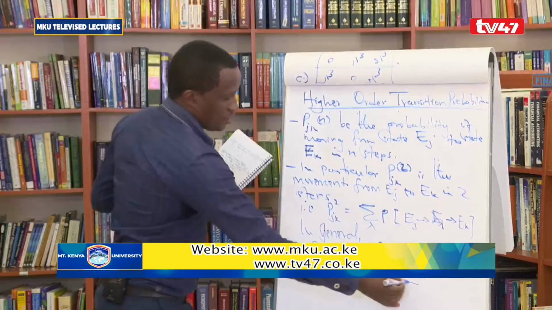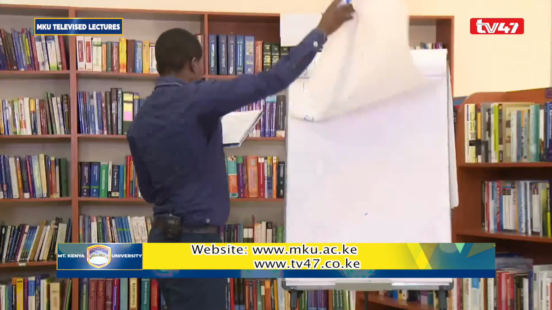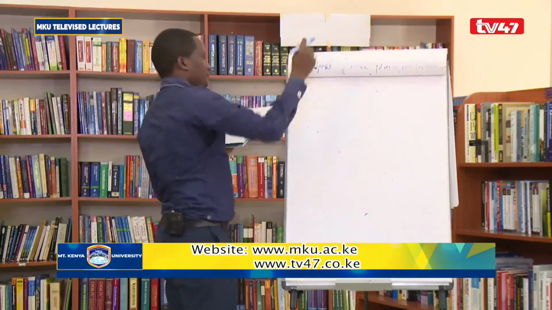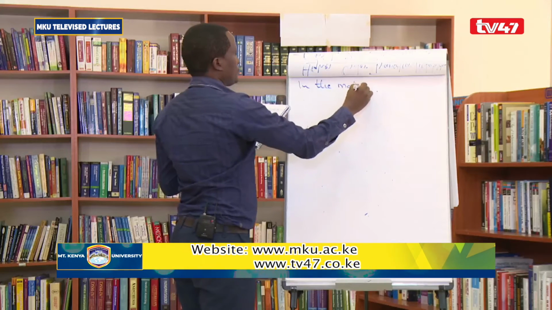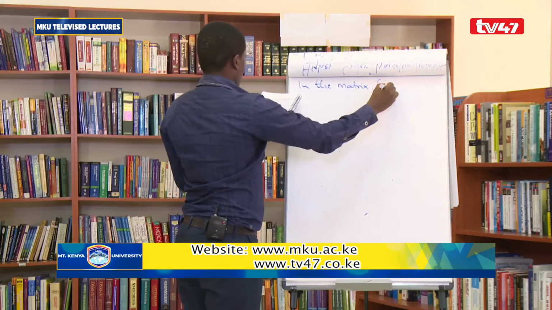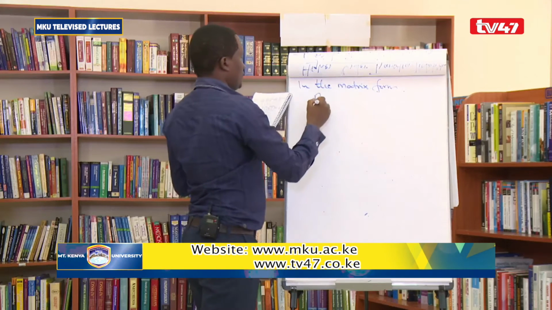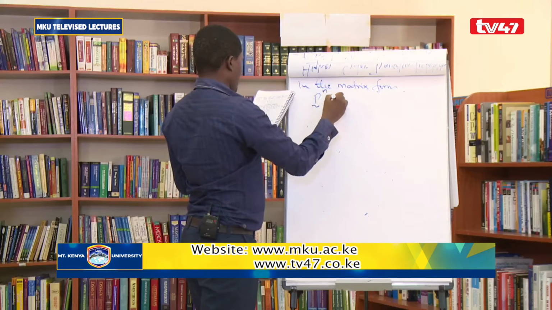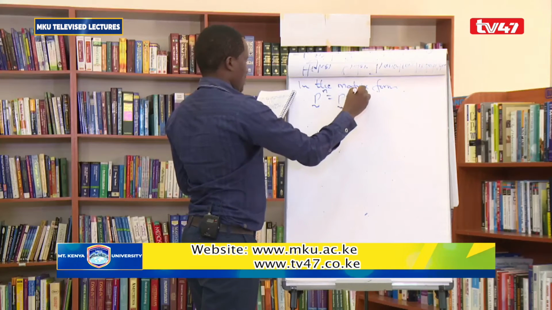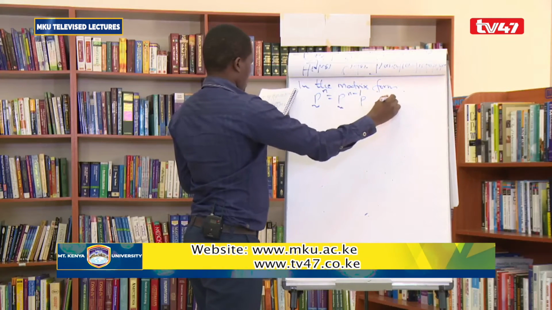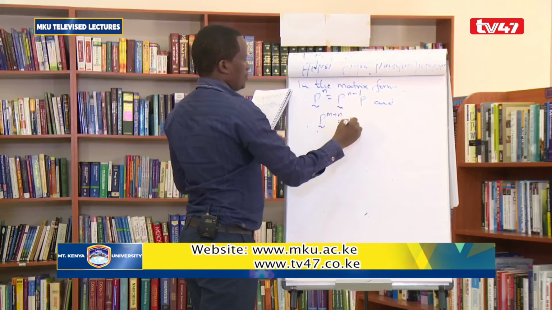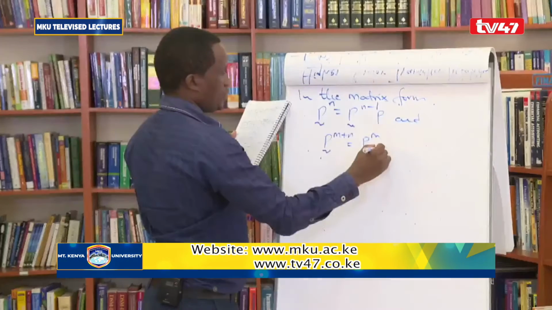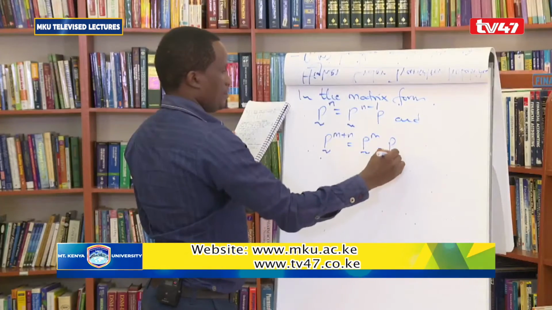In the matrix form, we have that P^n is equal to P^(n-1) P, and P^(m+n) is equal to P^m multiplied by P^n.